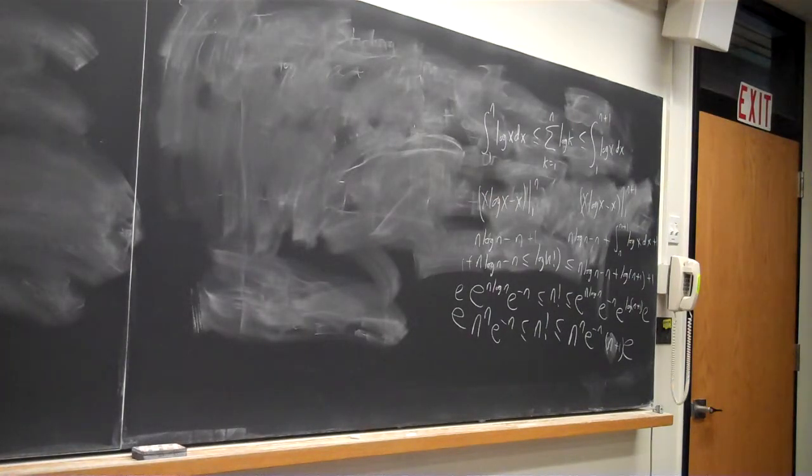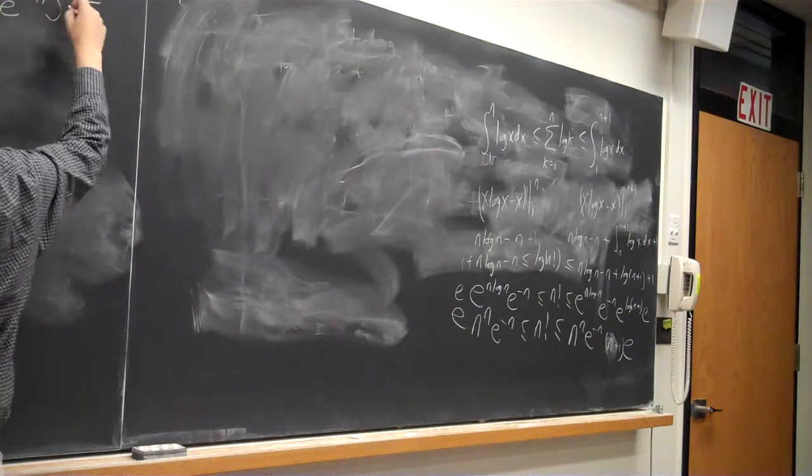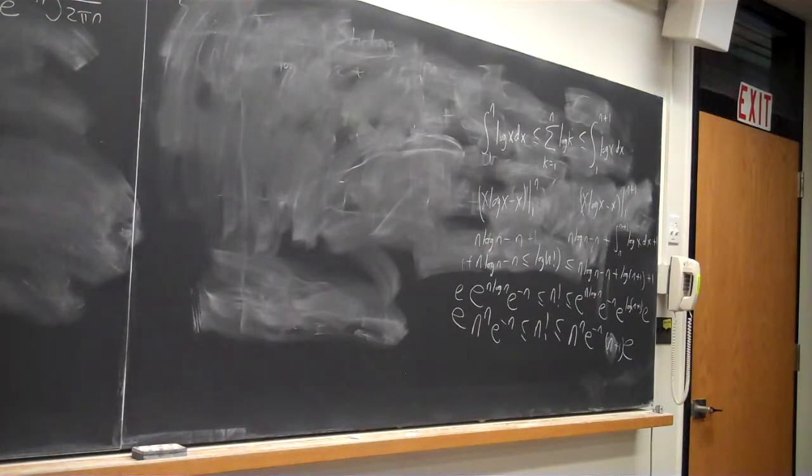So recall, Stirling is n factorial is about n to the n, e to the minus n, square root of 2 pi n.